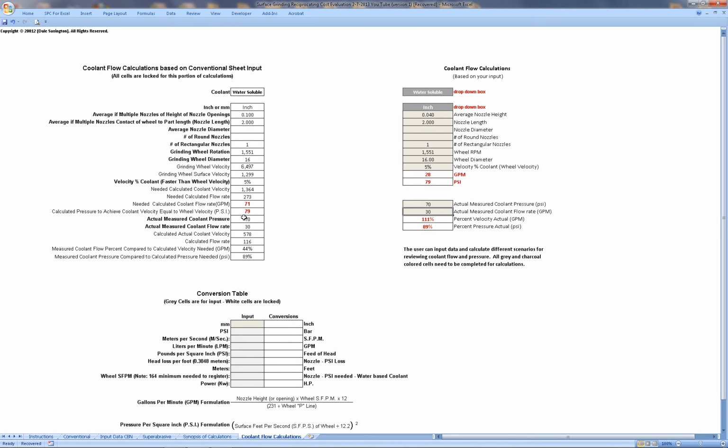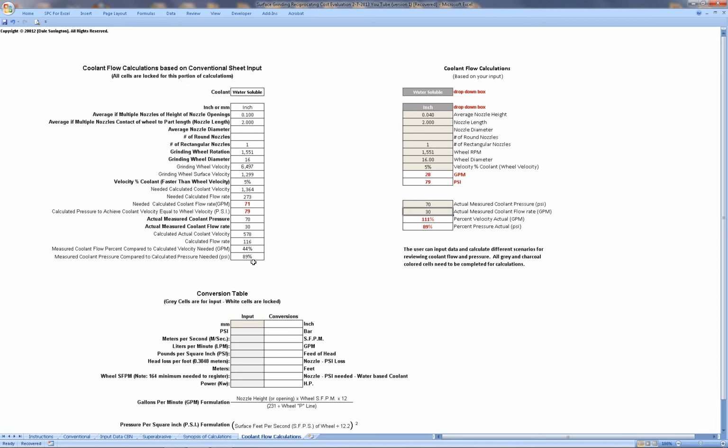When we measured it and entered those real numbers, it shows that we're only running 44% of the needed amount for the GPM. That would be a flow rate of 30 versus 71, and 89%, which would be 70 versus 79 for the PSI.